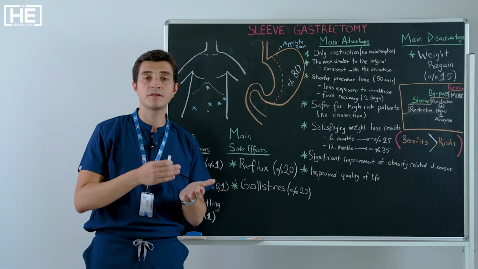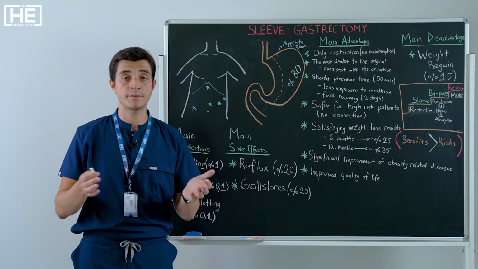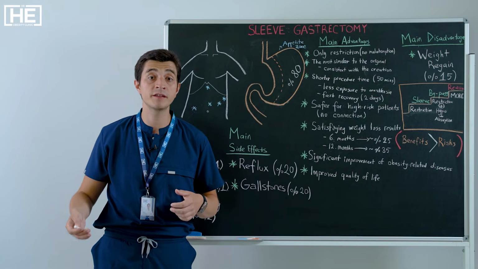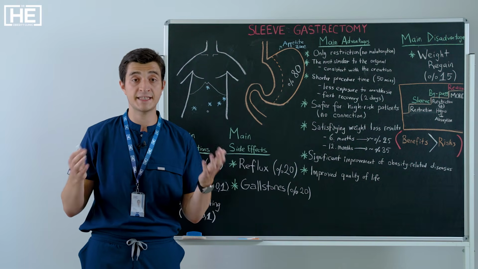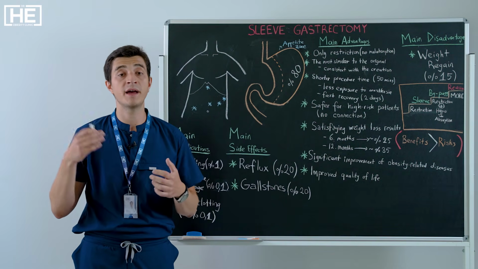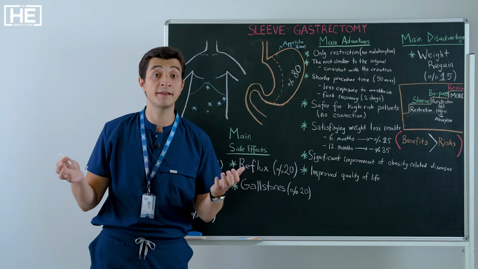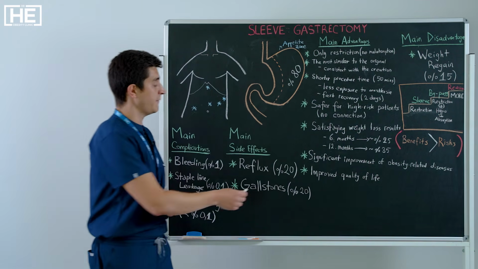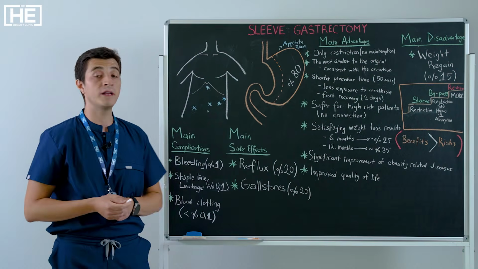Of course, after satisfying weight loss, we expect a decrease in back pain, shoulder pain, and joint problems. And we expect a real improvement in mental disorders like anxiety. It is a disorder closely related to obesity. We expect an improved quality of life.